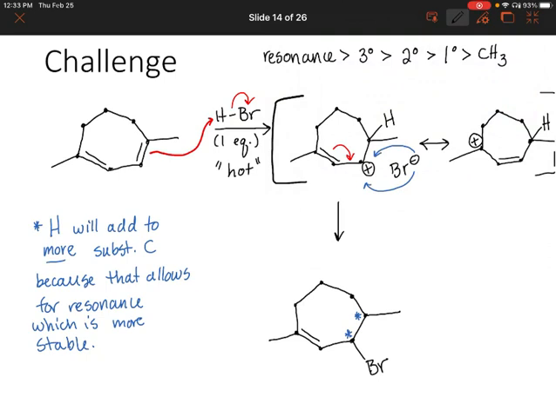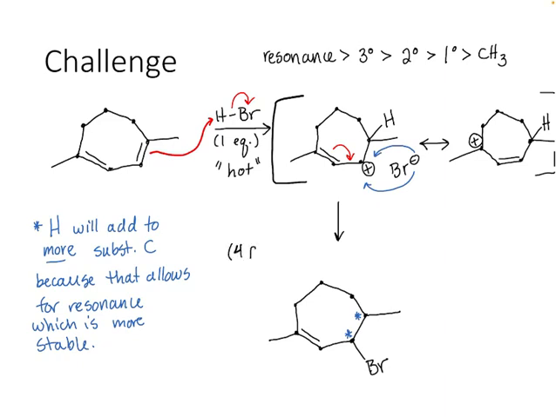So this could potentially end up being four different products. We could have RR, SS, RS, or SR. So there's a lot of possibilities here. And this is partly why this is a challenge problem, because there's so much going on.